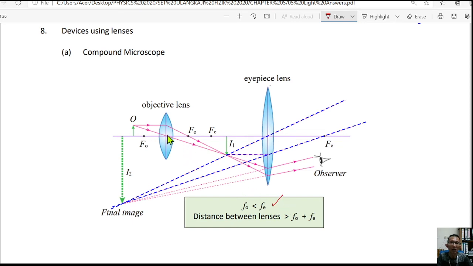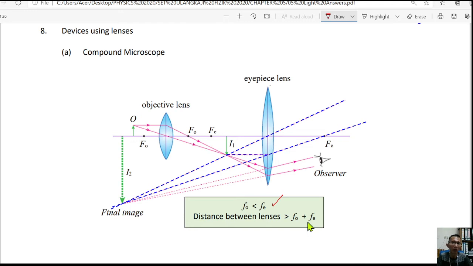My FO must be less than my FE, where FE is the focal length of the eyepiece lens. And then the distance between the two lenses, the objective lens and the eyepiece, must be greater than the summation of these two focal lengths. It must be greater.